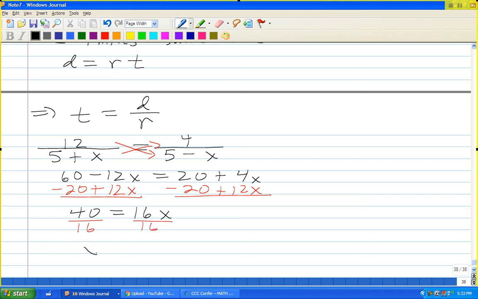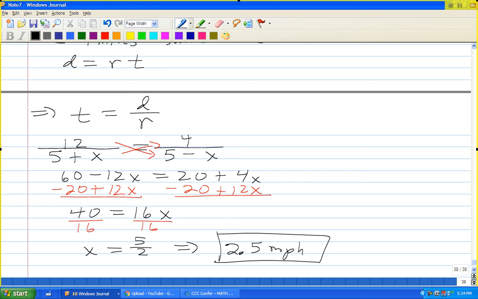So X is equal to, I can divide both 40 and 16 by 8. So 5 over 2. Maybe I'll write it actually as 2.5 miles per hour. You would normally not say your rate that you're going as a fraction. So I'll just write it as 2.5 miles per hour. And that's the rate of the wind.